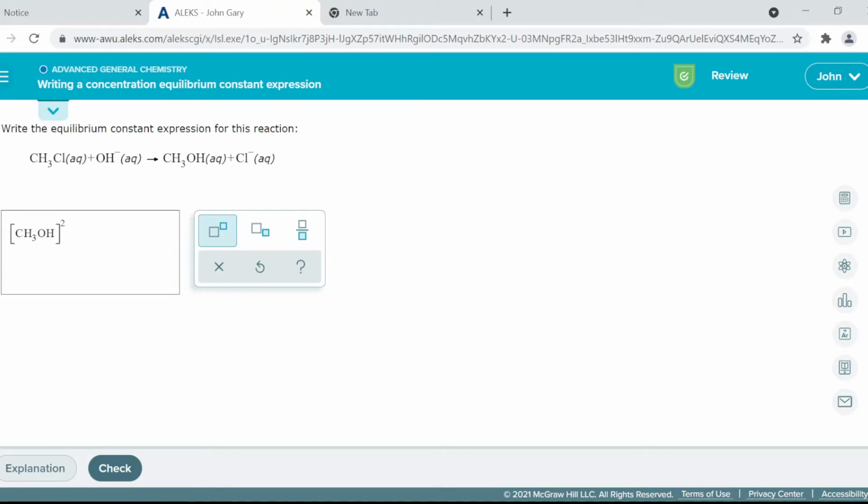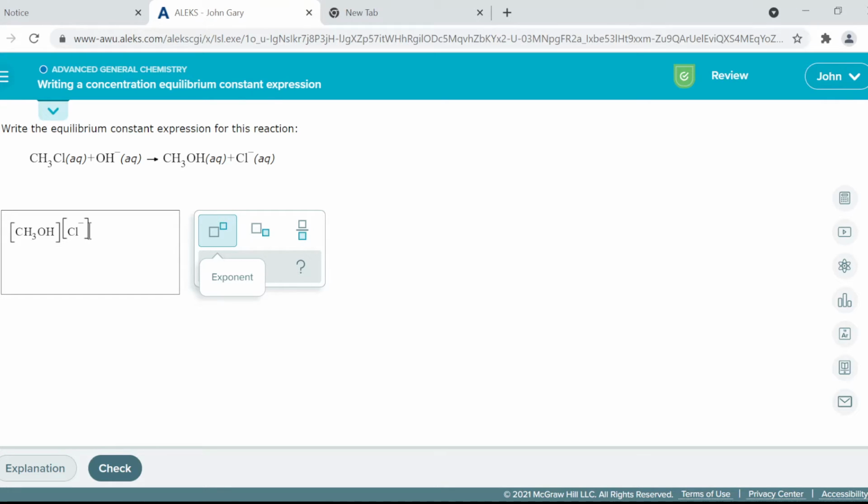If that were 3 CH3OH, that would be a 3. Okay, but since it's 1, I don't have to add anything. Alright, now next I need to put my other product, which is Cl, and it has a minus right there.